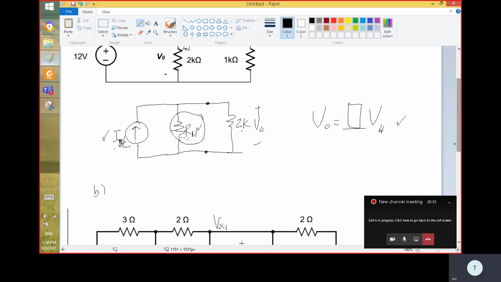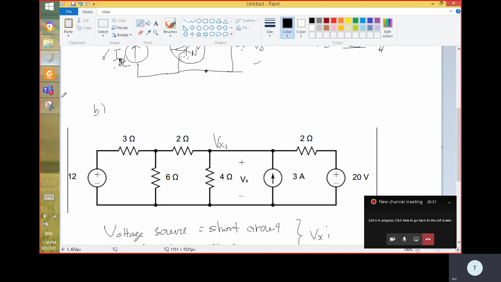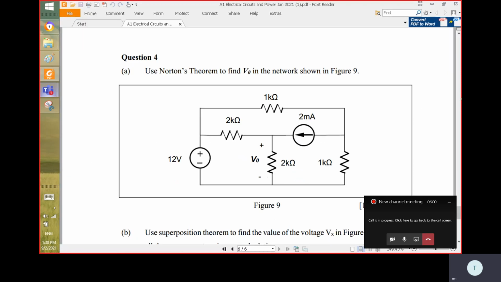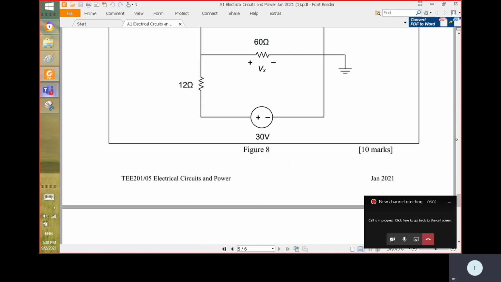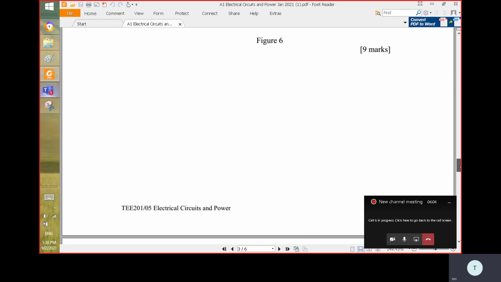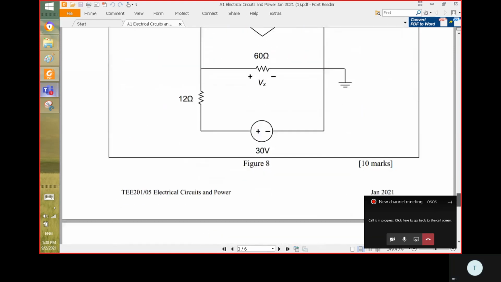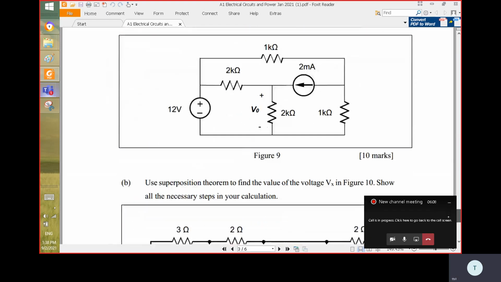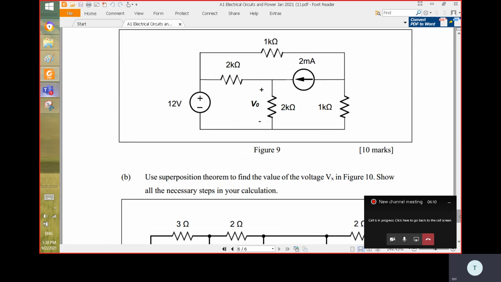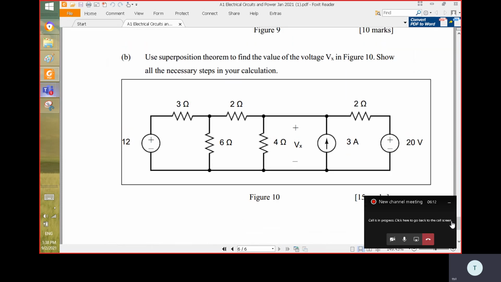Okay, part B is a bit tricky because superposition is a kind of tricky method here. Actually, we seldom use the superposition theorem in the practical world. We use it to find the Vx. The Vx is the voltage across this 4 ohm here.